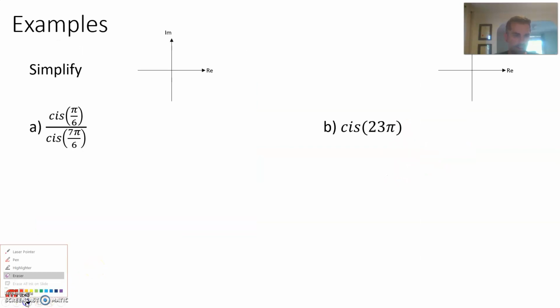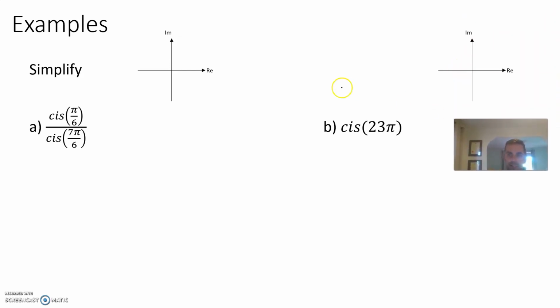Okay, so let's have a look at some examples of how we can apply this. First of all, we're just going to look at simplifying a couple of expressions. So the first one here is cis of pi on 6 over cis of 7 pi on 6. Using our rule that we saw on the previous slide, what we can do here is just subtract those two angles and put it into the one cis.